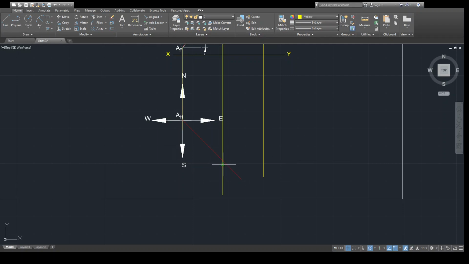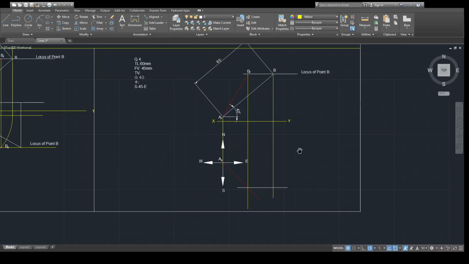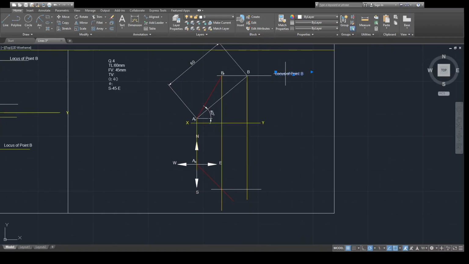This point is point H, and this line is nothing but the locus of point B in case of top view. So this is the locus of point B in case of top view, and this point is BH.